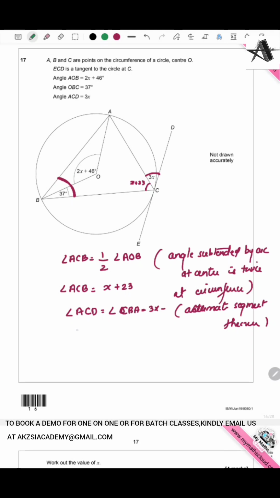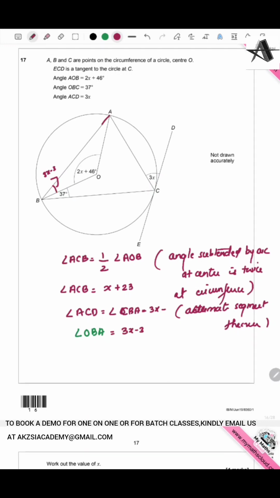So from here, angle OBA, that means this angle I'm talking about. If this whole angle is 3x, then this particular angle will be 3x minus 37. So angle OBA is equal to 3x minus 37. This is an isosceles triangle. Why? Because OB is equal to OA, as they are radii. So in triangle OAB, OB is equal to OA, which is the radius.